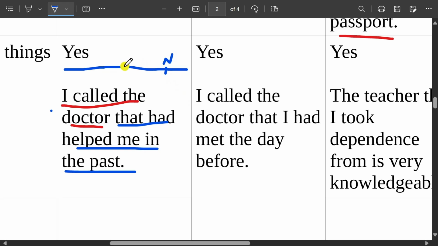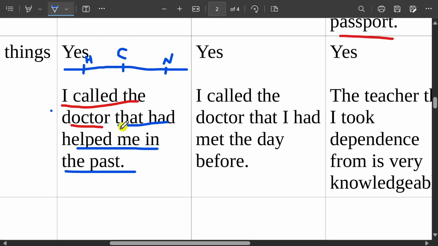In the past, I called him. Here, I called. You see? I called. And for that called, I use simple past. But now I want to talk about something that happened before the calling. He had helped me. So the helping happened before the calling, you see? Do you understand? So you use the past participle to talk about this in relation to this.